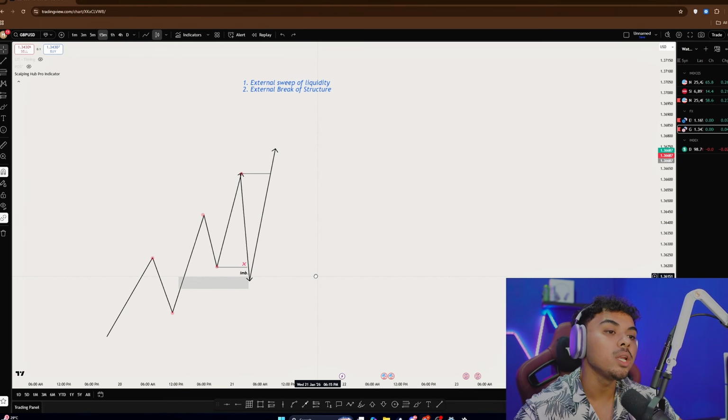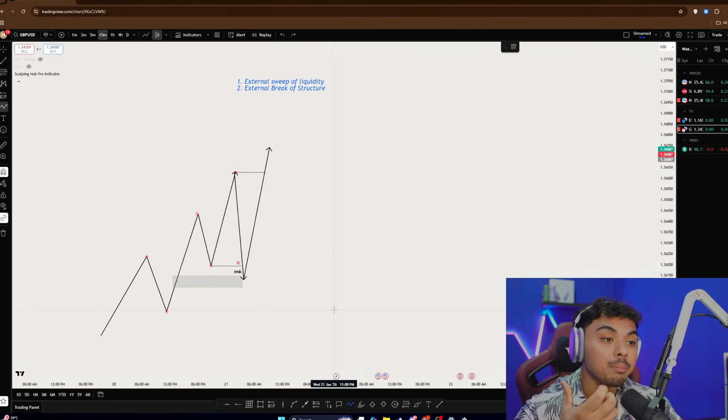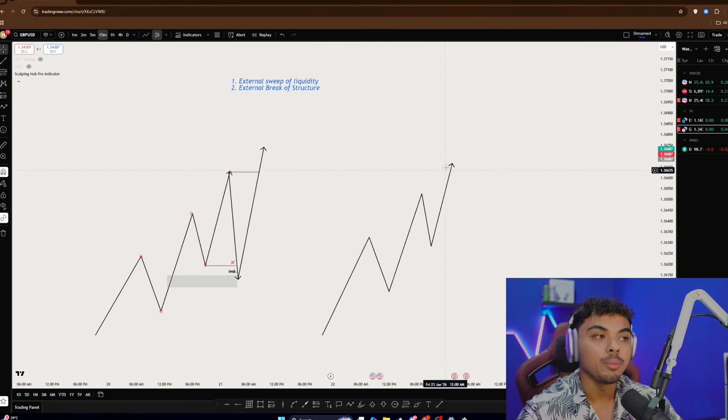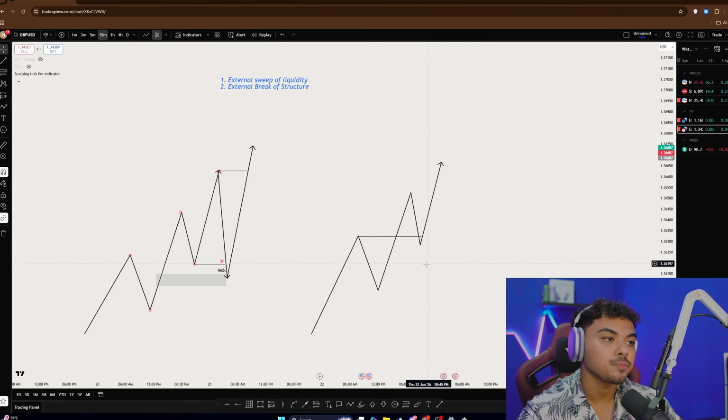Now, when it comes to efficiencies in a bullish market, this is what I mean. Price creating higher highs, breaking the previous external higher high, makes a pullback towards the previous higher high, and then continues to make a new higher high. Basically something like this, right? Okay, let's look at this thought process.